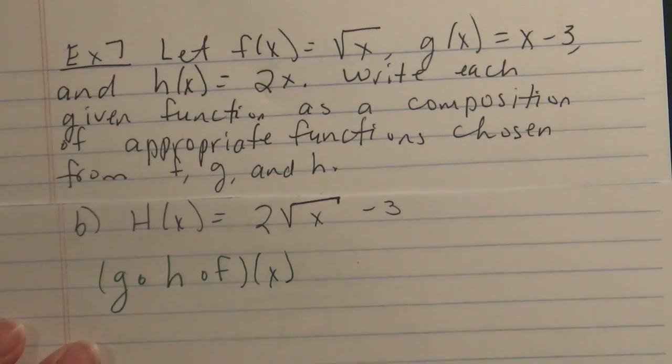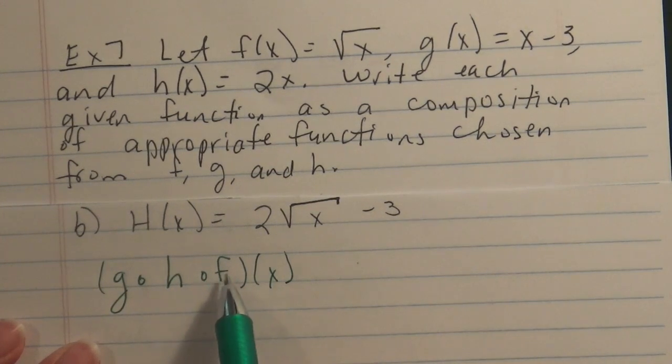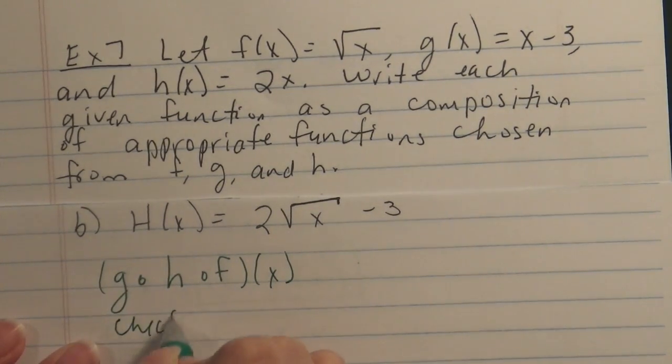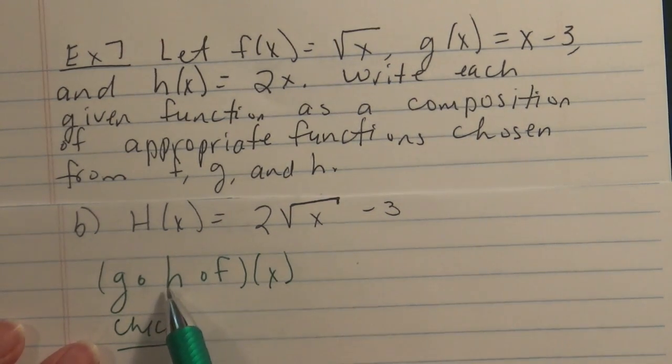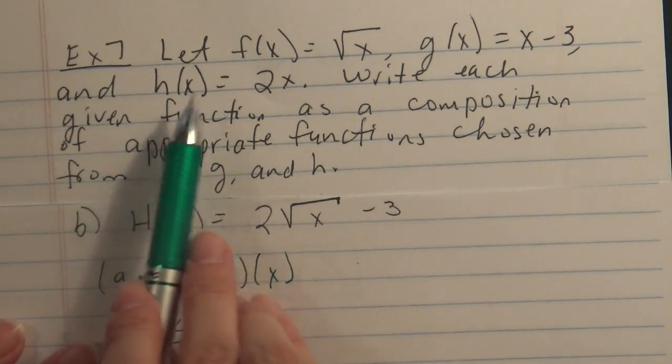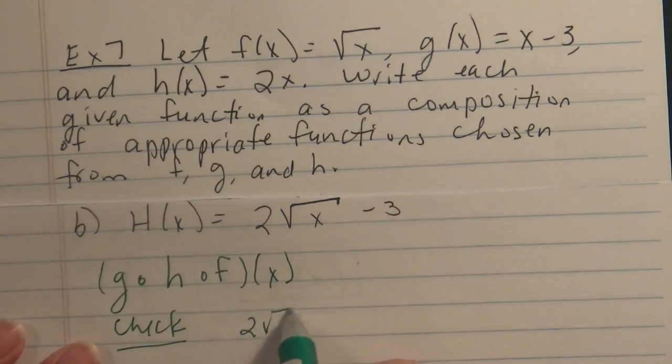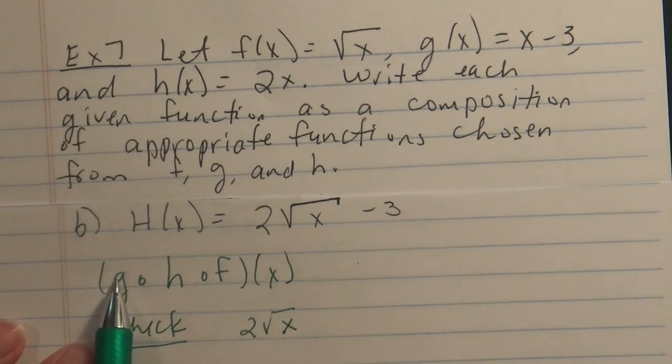Let's check our work and see if that's correct. If I calculate this, I need to do f of x inside h. So put f inside h. I've got 2 times the square root of x. So that was h composite f. And now I need to put h composite f inside g.